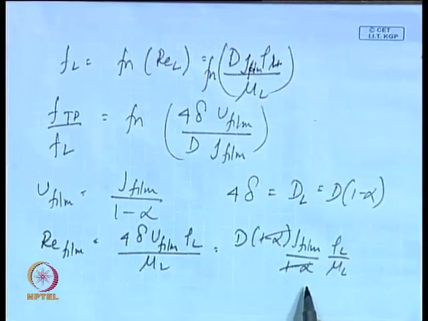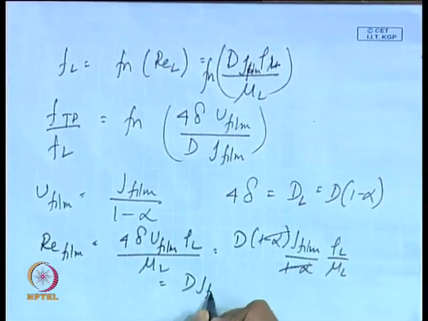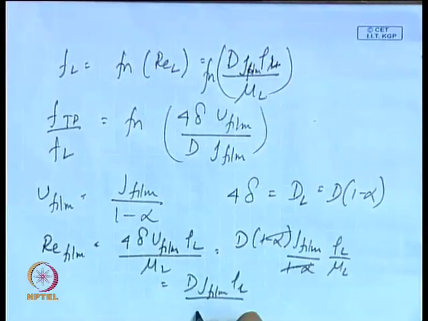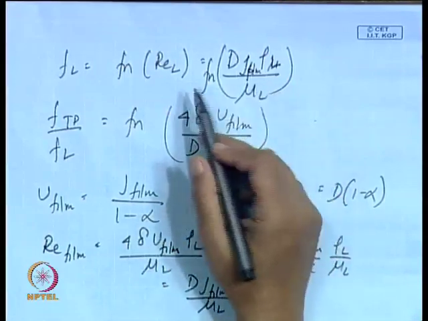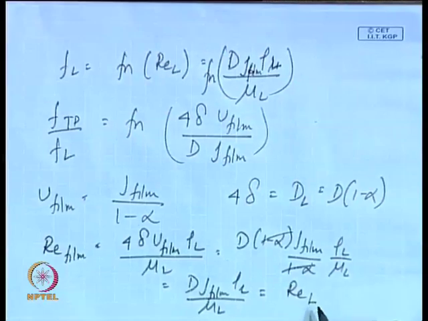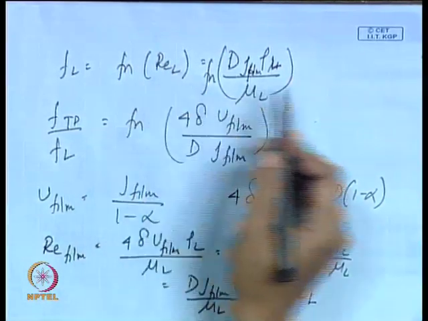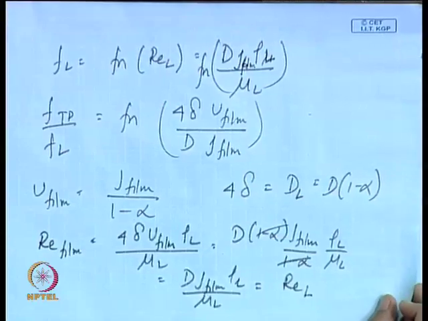No problem. So, therefore, what does this reduce to? D J film rho L by mu L, is not it, which is nothing but equal to REL, when only liquid flows, when the entire liquid flows in the pipe. You compare this expression and this expression. Agreed? So, therefore, from this what do I get?